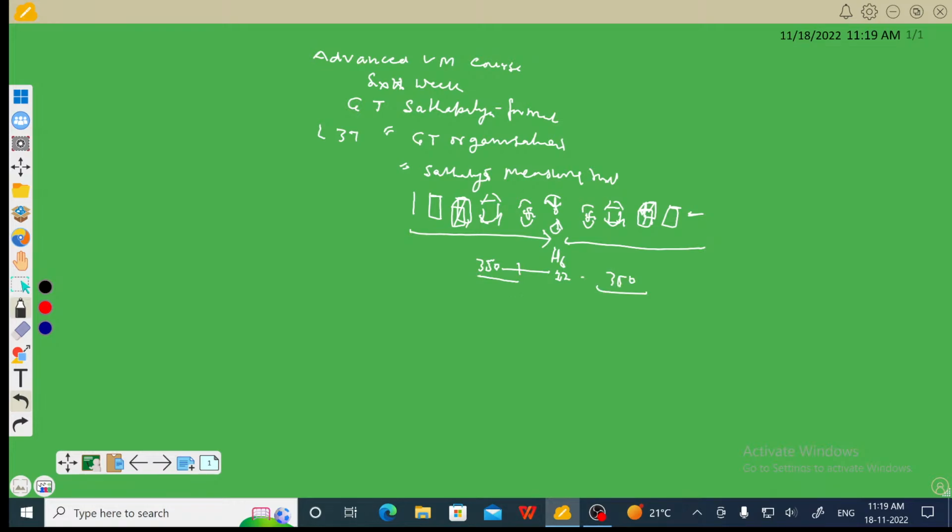Therefore, 372 and 328 is the partition of the text, and chapters 1 to 9 text is of 372 shlokas, and chapters 10 to 18 is a text of 328 shlokas.